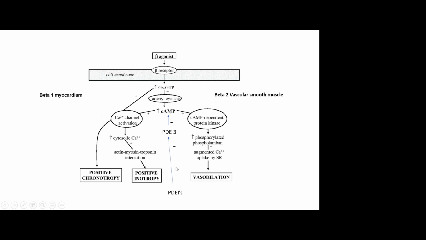So it inactivates the phosphodiesterase 3, which is responsible for inactivating cyclic AMP. As a result, it results in an increase in cyclic AMP, which causes positive inotropicity and lusitropicity due to uptake of the calcium into the sarcoplasmic reticulum. So positive inotropicity, lusitropicity, and vasodilatation of the peripheral vasculature because of the cyclic AMP dependent protein kinase augmented uptake of the calcium.